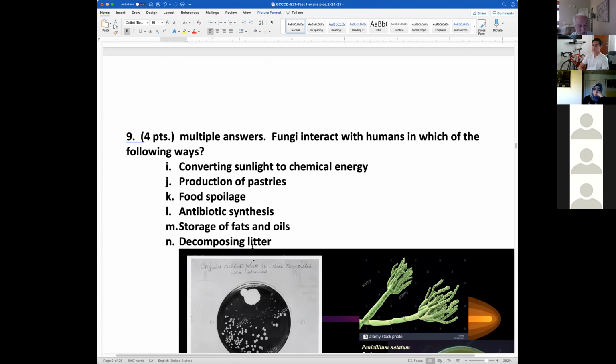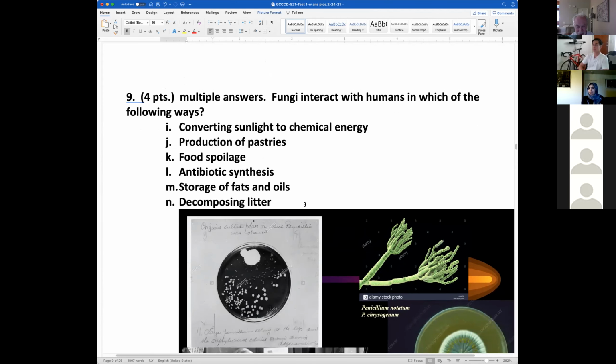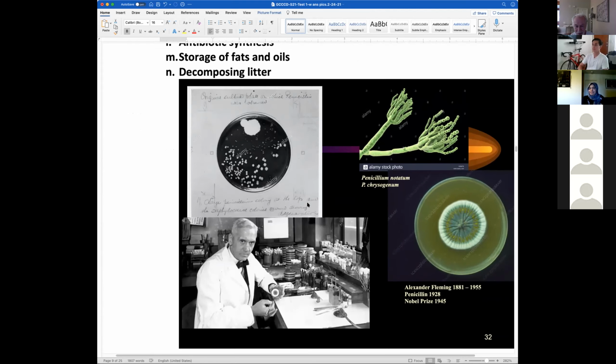And what about antibiotic synthesis? I think some penicillins, like antibiotics, are made from that. Oh, yes, penicillin. And that's exactly what I'm showing here.